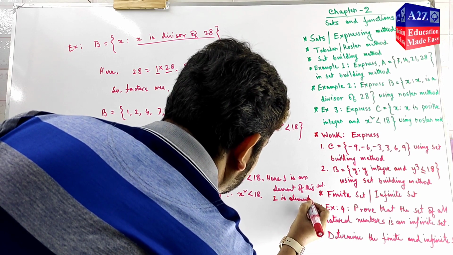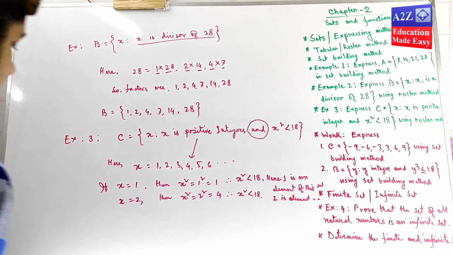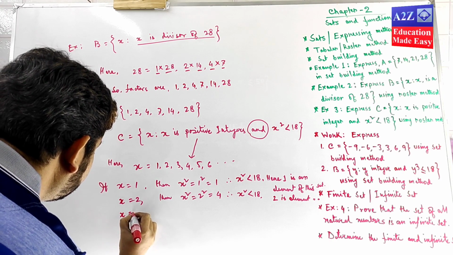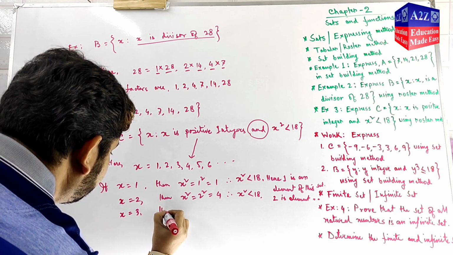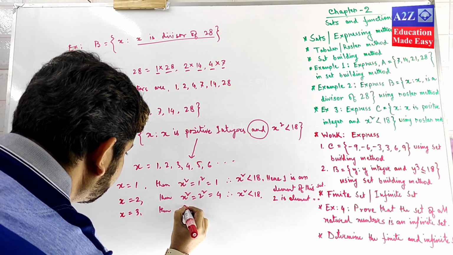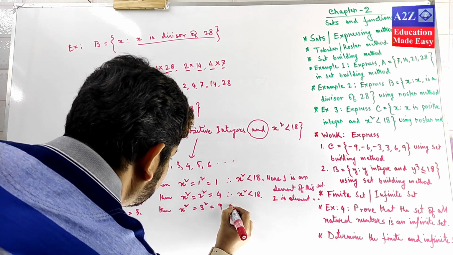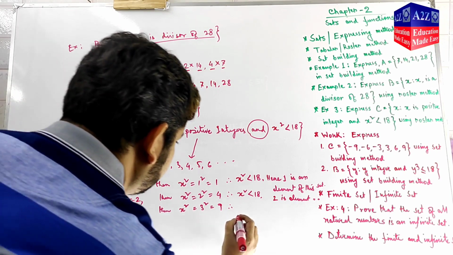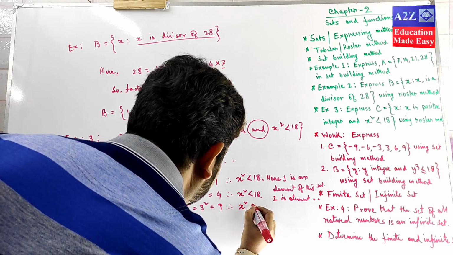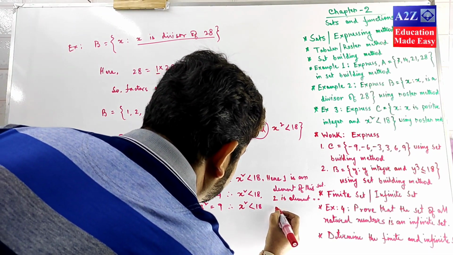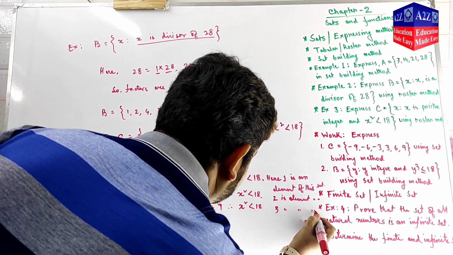Similarly, if x equals 3, then x square equals 3 square equals 9. 9 is less than 18, hence 3 is also an element of this set.